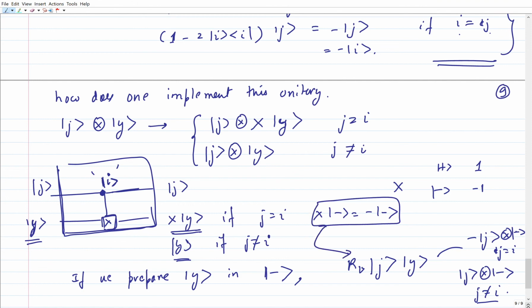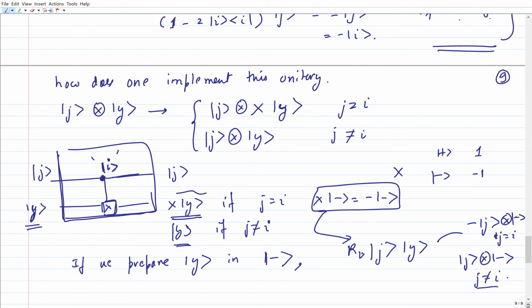So after this we neglect this qubit and we take the minus sign up. What happens is the following.